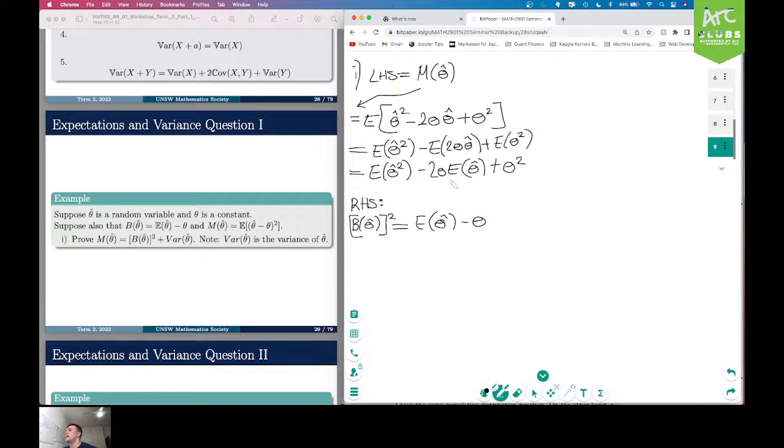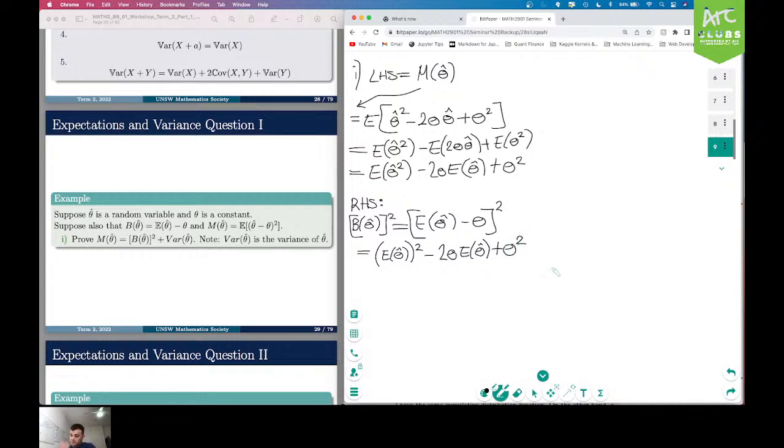And what we can do is just square that as well. So what we get here is E of theta hat all squared minus, so a squared minus 2ab plus b squared, so minus 2 theta E of theta hat plus theta squared.